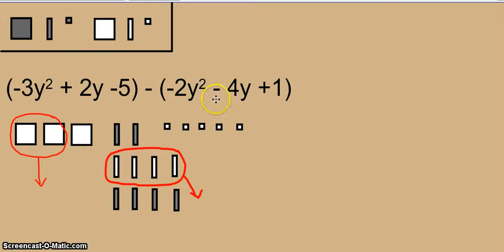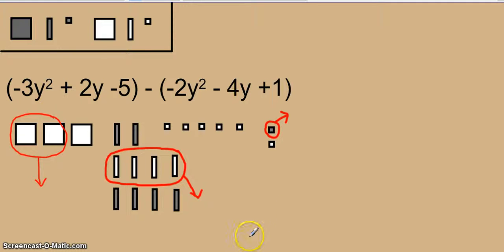And then the last term that we need to take away is a positive 1. We aren't modeling any positive unit tiles, so again, we must use zero pairs. So we take in one positive and one negative unit, and this allows us to now take away positive 1.